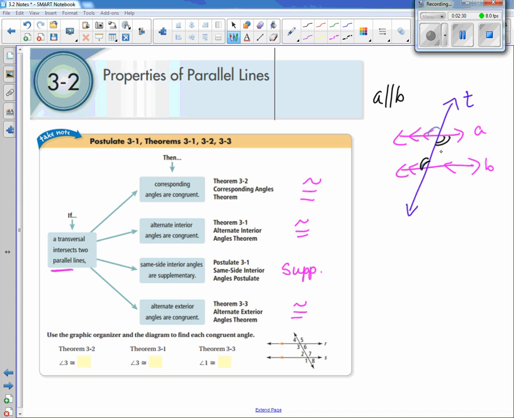All of the alternate exterior angles would be congruent, which would include this one and alternate exterior, this one. Okay, the same side interior, which would be this angle and this angle, would be not congruent but supplementary. Okay, all of this is true if and only if the line pair, line A and B, are parallel.